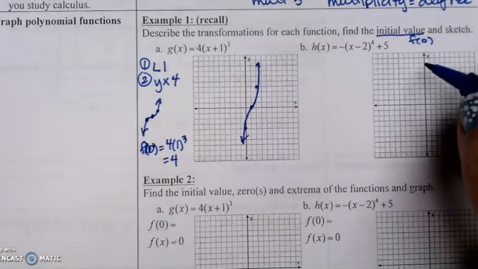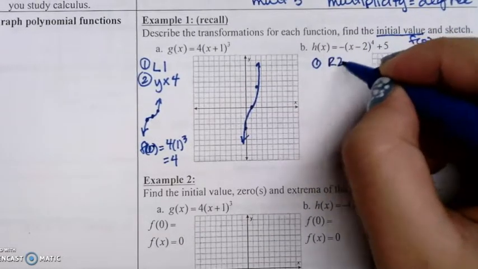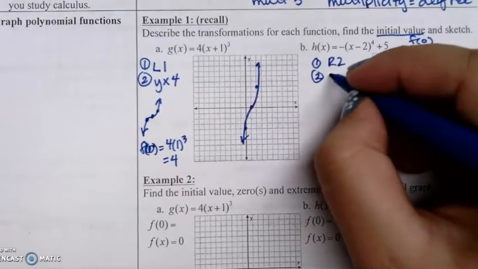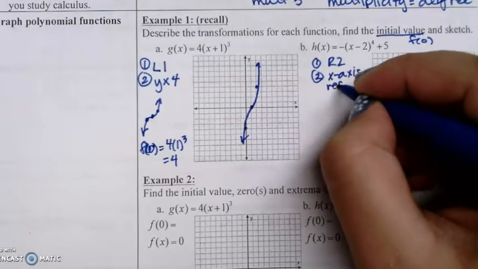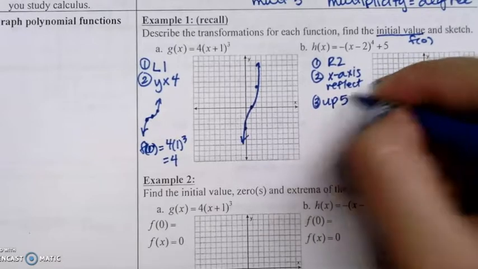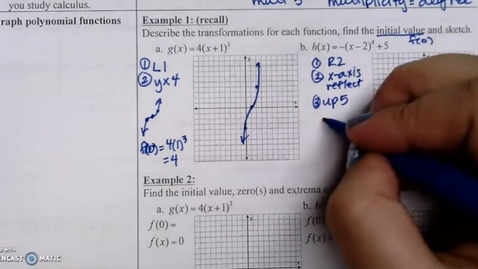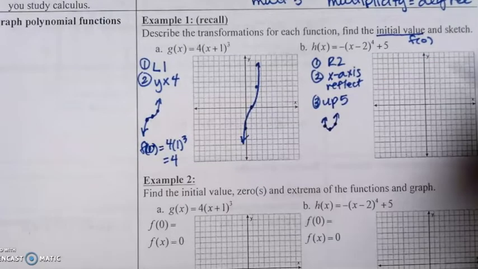For part B, we're doing the same thing. My first transformation is to the right by 2. Next, I reflect over the x-axis, and then I go up 5. X to the 4th is this shape, so 0, 0, 1, 1, -1, 1.